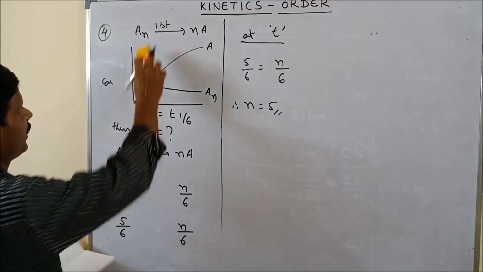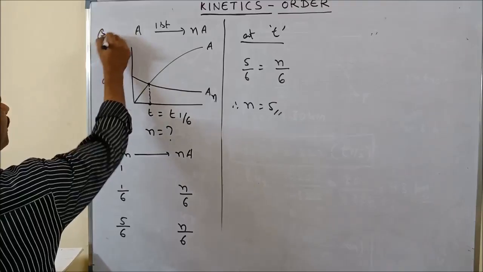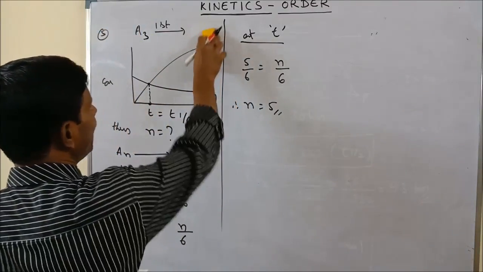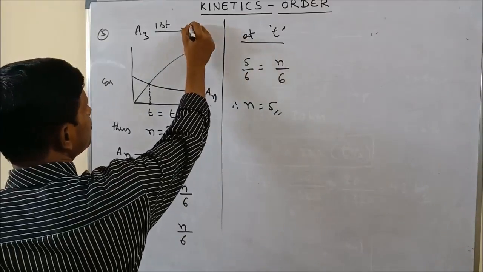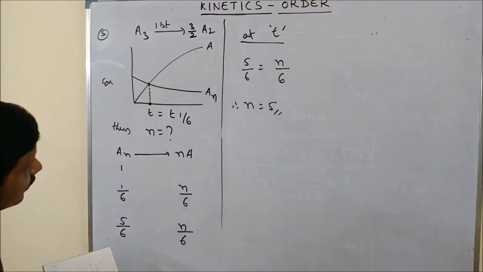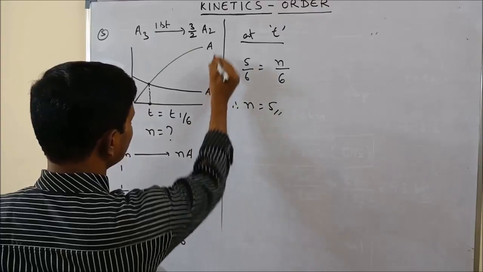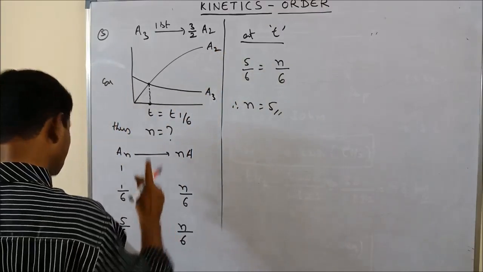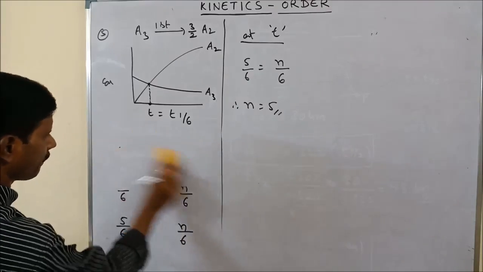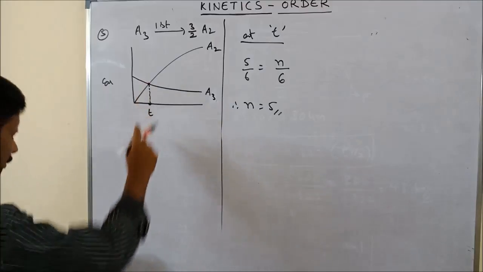Here A3, the reaction they are giving, let it be 5. A3 is converting into 3 by 2 A2. And this is the graph they have given. This is A3 and this is A2. And this time, as per that graph, is the intersecting point time.